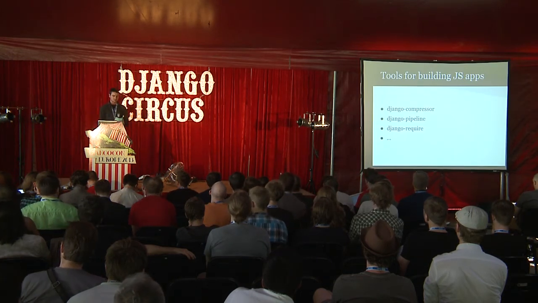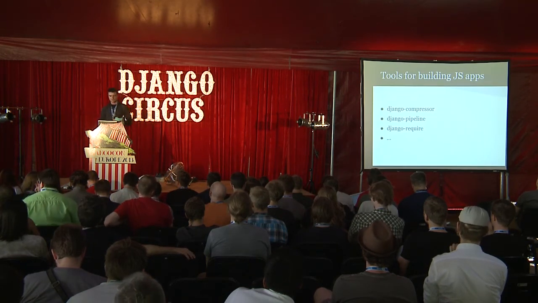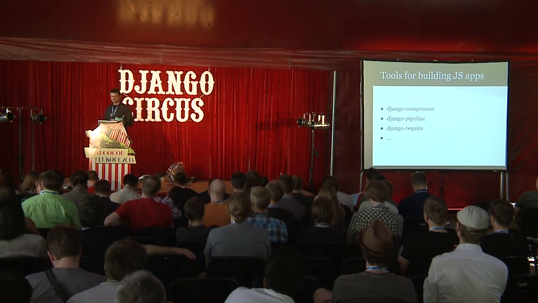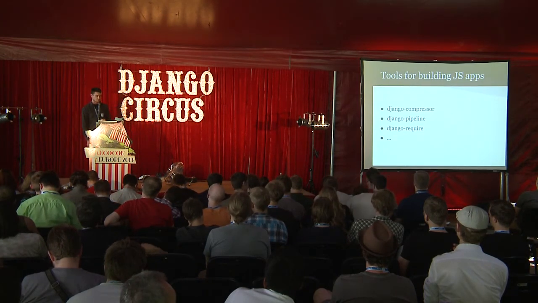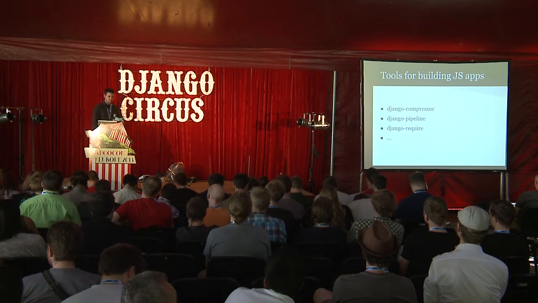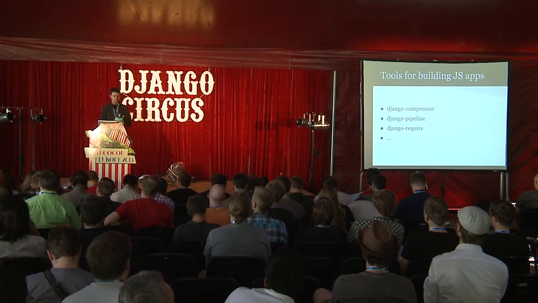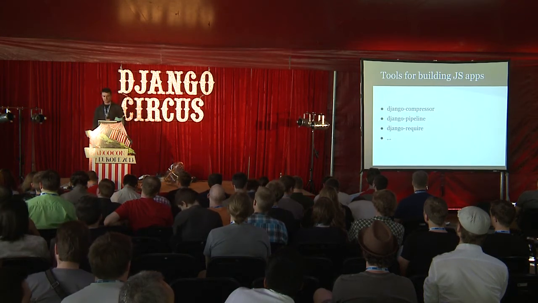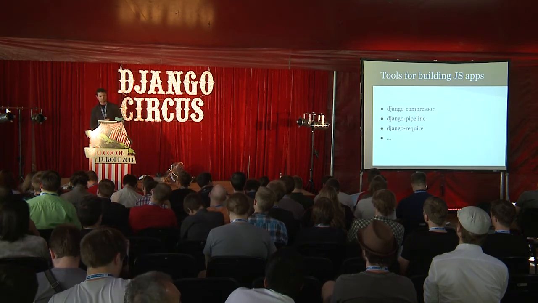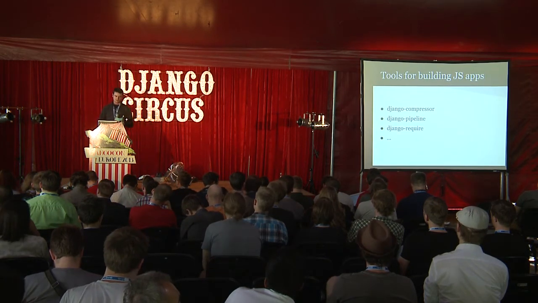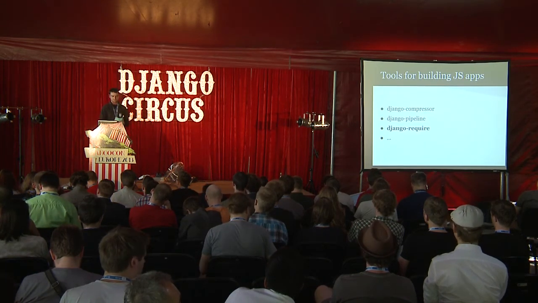In general, there are a lot of good tools for Django to build a JavaScript application, and I think the most popular one is Django Compressor, which also has some support for CoffeeScript, but in our case, we decided to use require.js because it takes care of integration with CoffeeScript, so we decided to use the Django require application, and I will explain later how it works.